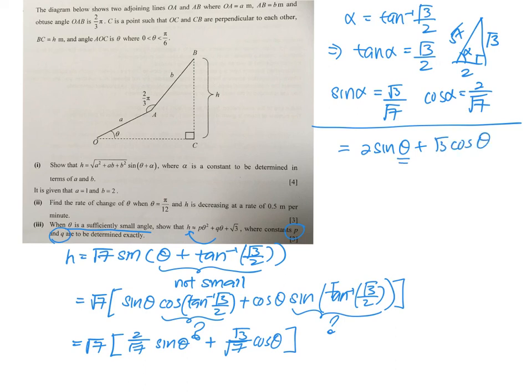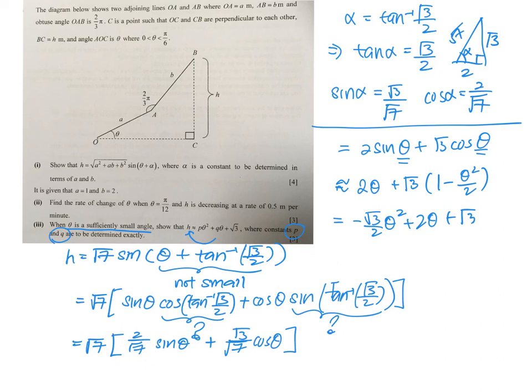Finally, we are told that theta is small, so we can apply the small angle approximation on sine theta and cosine theta. So I have to indicate the approximate sign. So 2 theta plus root 3 times 1 minus theta squared over 2. As I simplify, we will get negative root 3 over 2 theta squared plus 2 theta plus root 3.